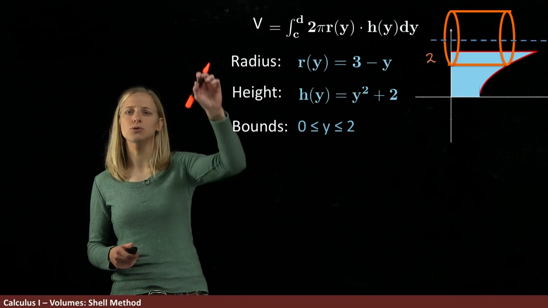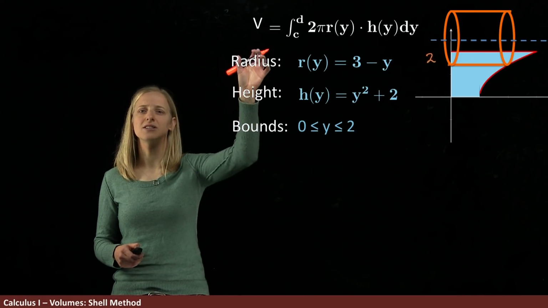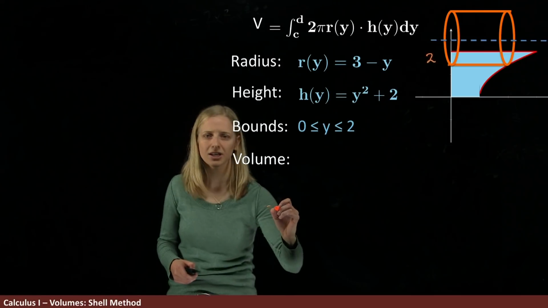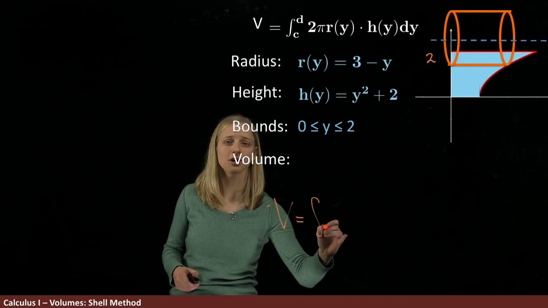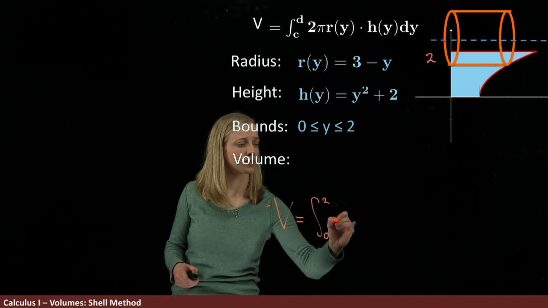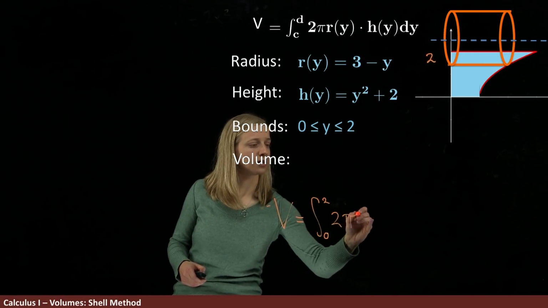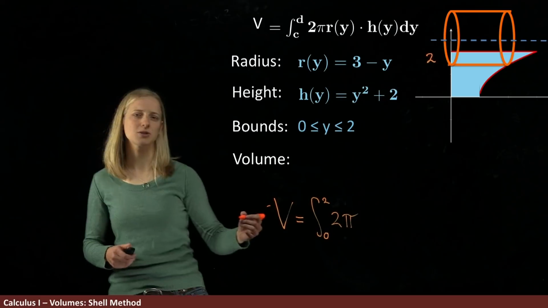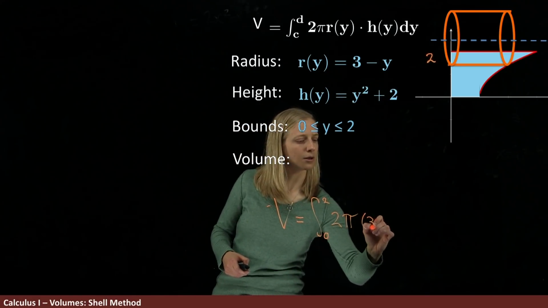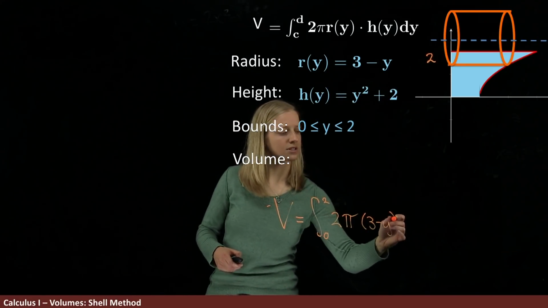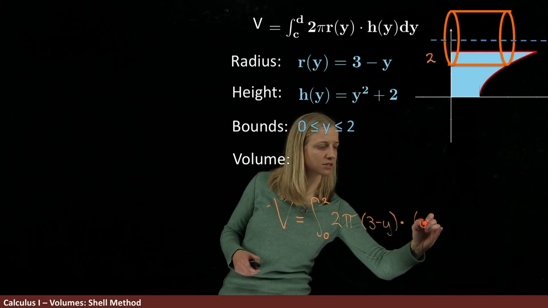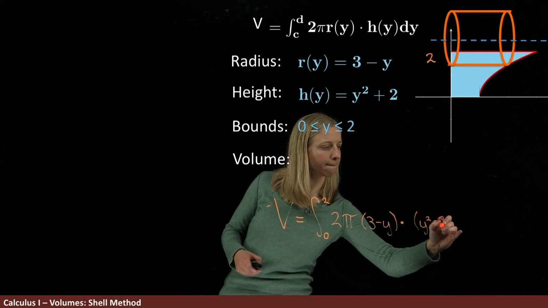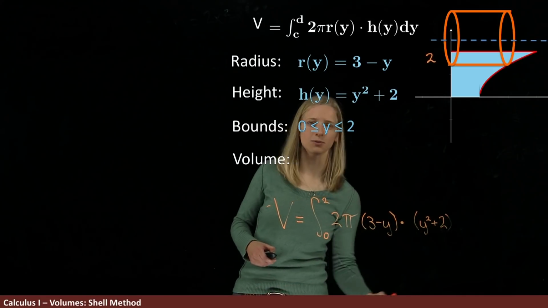So now with all three of these things, we can plug that into our volume equation, and what we get is our volume is equal to the integral from 0 to 2 of 2 pi, and now our r is 3 minus y, times our height, which we know is y squared plus 2, dy.